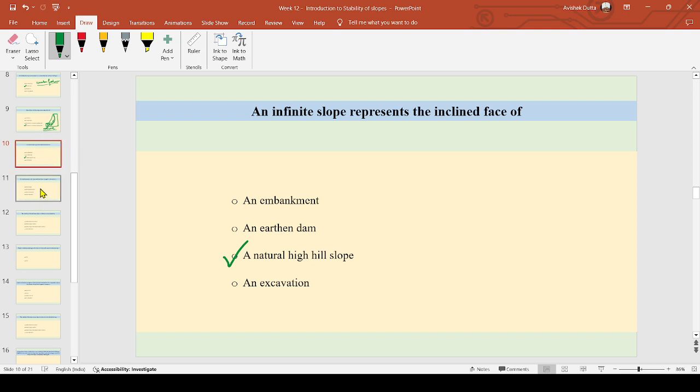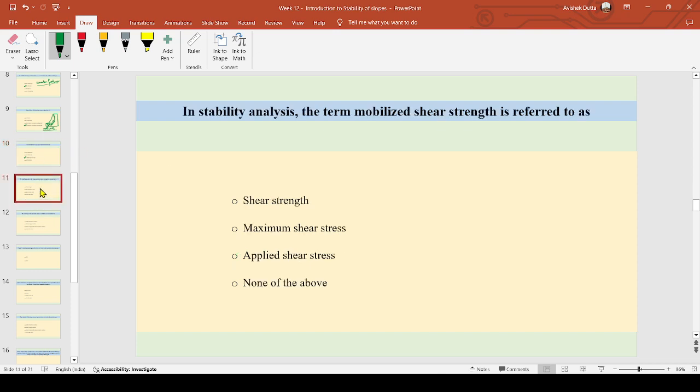Yes. Next question. In stability analysis, the term mobilized shear strength is referred to as. Now, mobilized shear strength means the shear strength that has been used up in response to the application of the shear force.